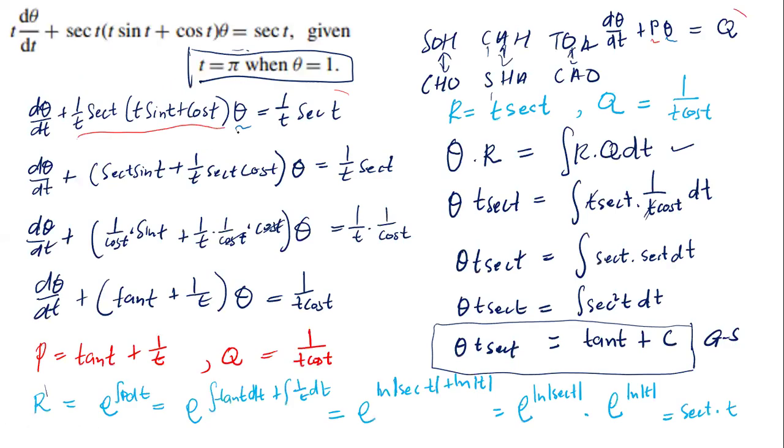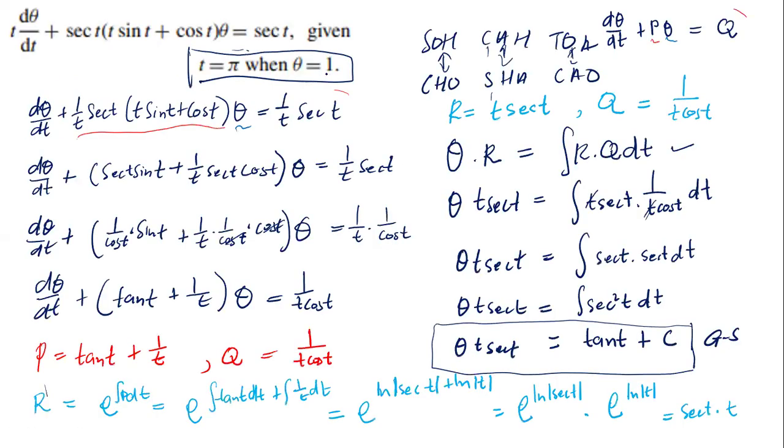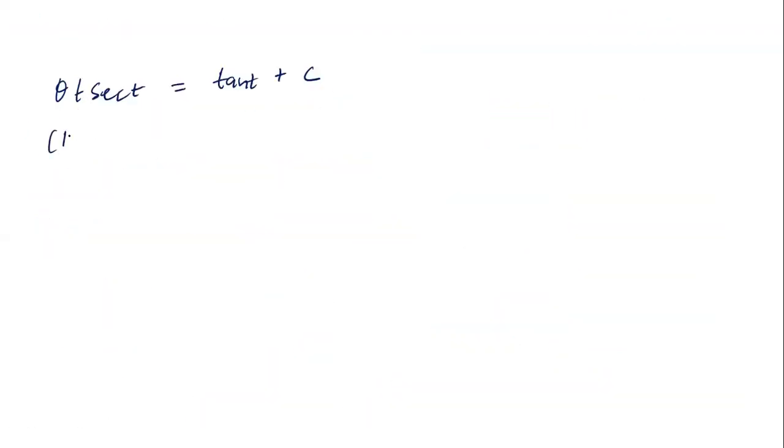And remember, they say to us t is pi, and theta is 1. So here we have 1, and here we have pi. Sec pi equals tan pi plus c. And therefore we have pi. Remember, sec is the same as 1 over cos, because you don't have sec on your calculator. You have 1 over cos pi.